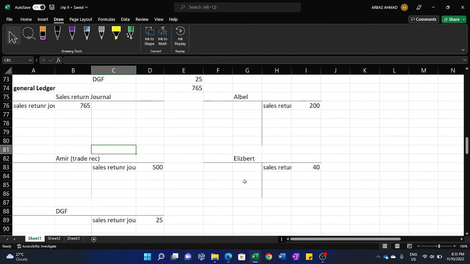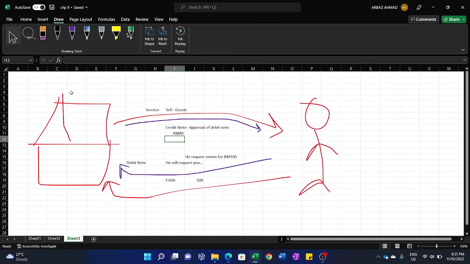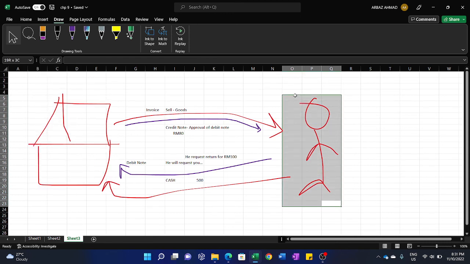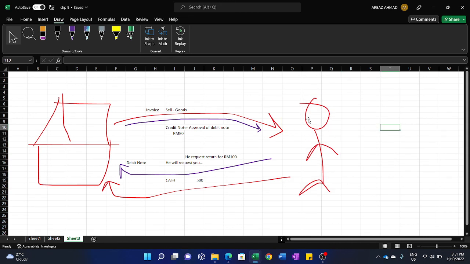So if you notice, they are specifically using the terms debit note and credit note. They are using the terms purchaser and seller so as not to confuse you, because they want to make sure you understand whether you are looking from this perspective or from this perspective. As a business you can receive a credit note also, and from the other end of the business, you can issue the credit note.